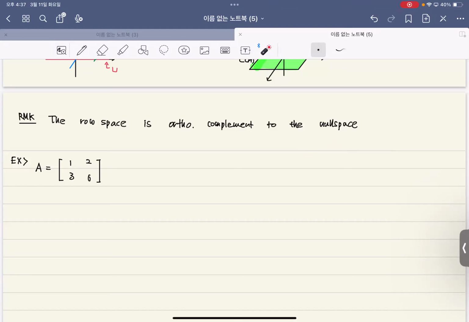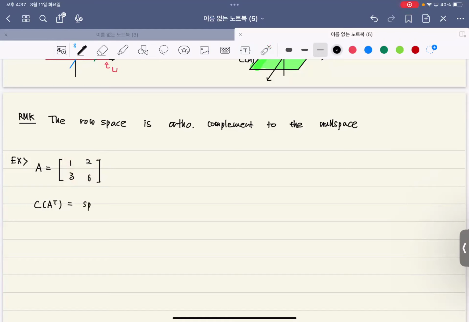All right. Let me try to find the bases of the four fundamental subspaces of this matrix. What is the basis of the row space? Even though it looks like I have two different rows, the second one is actually nothing but 3 times the first.